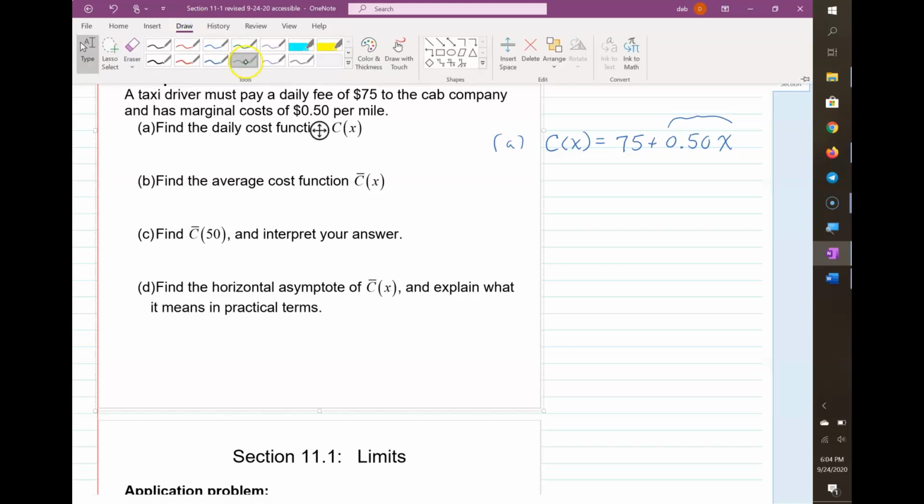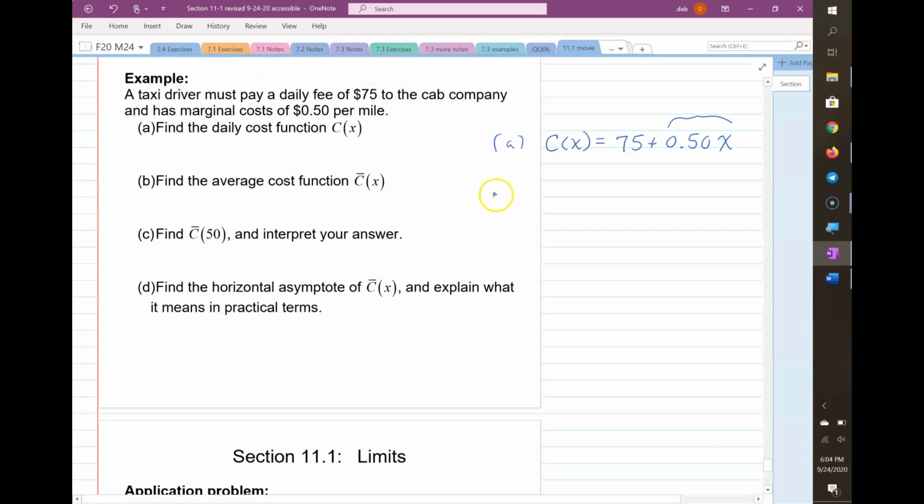Then we're asked to find the average cost function. So we would write C bar of x equals the C function, 75 plus 0.50x over x. So that's our average cost function. Then we're asked to find C bar of 50.